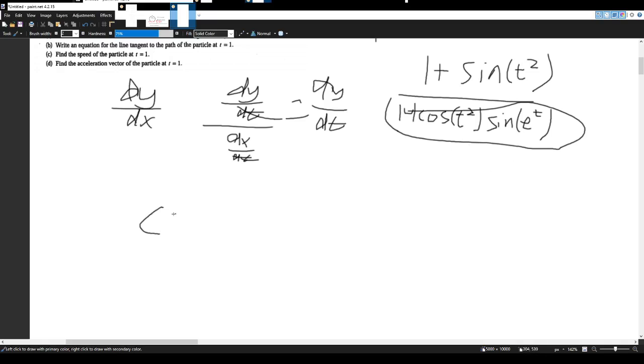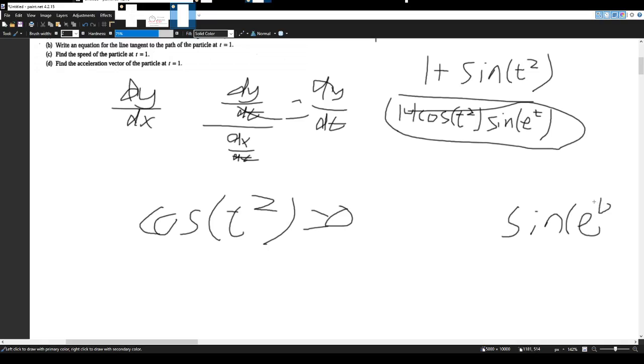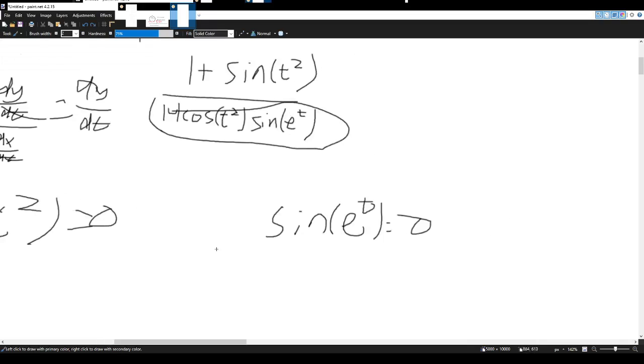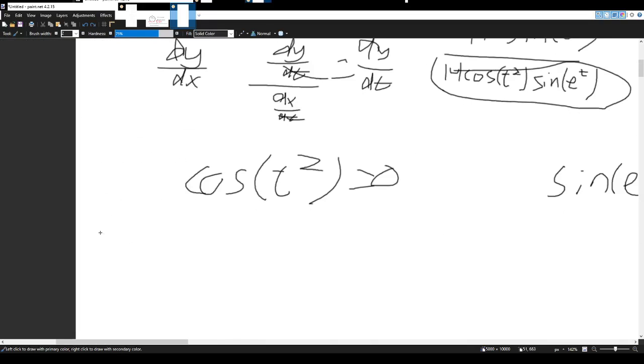So let's say cosine of t squared equals 0, and then sine e to the t equals 0. For cosine to be 0, on the unit circle it's got to be either up here or down here.